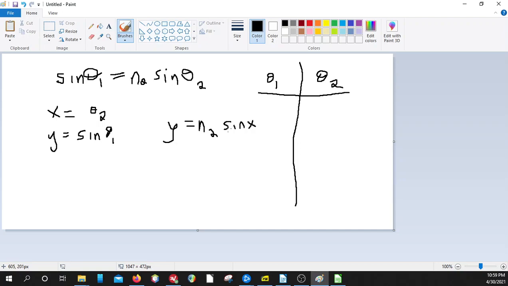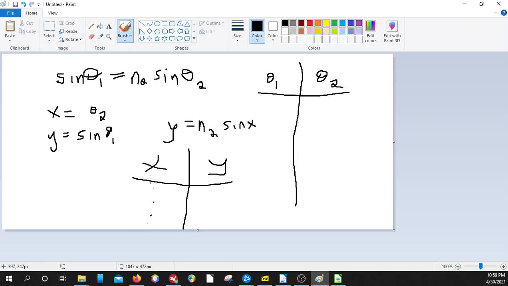Okay. So once you linearize the data, like let's say we went with this, we would have to have a new table where instead of theta 1 and theta 2, we'd have x and y. So we have a new table. For our x values, those are just theta 2, we copy those directly.